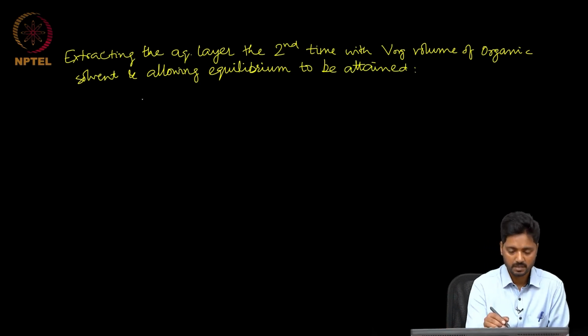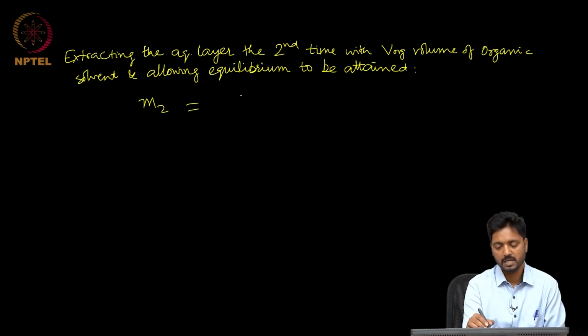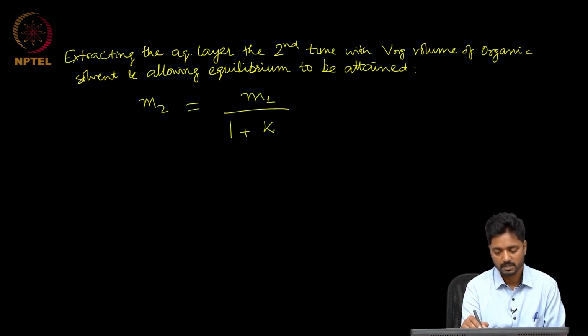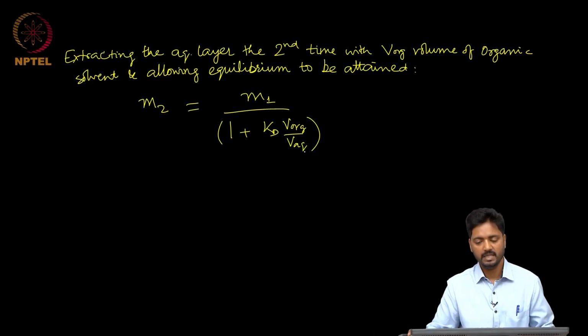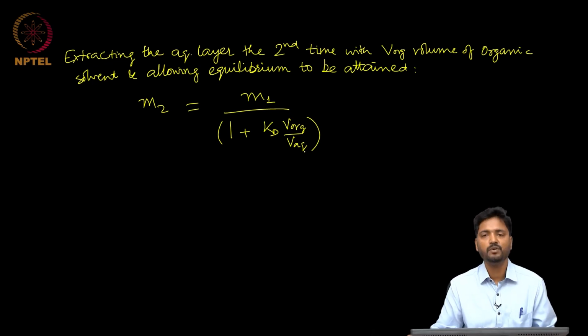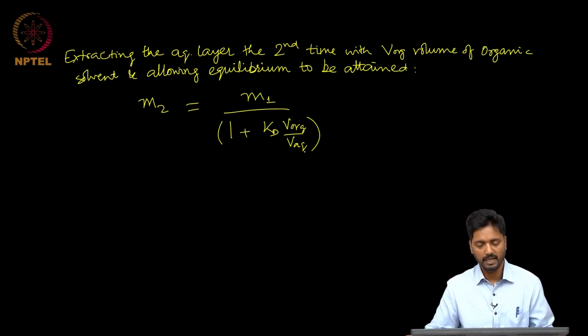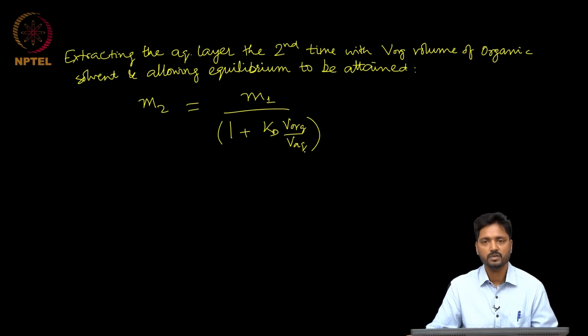This gives us m2 now is equal to m1 divided by 1 plus Kd V org by V aqueous. So, please note here that in the second extraction we will be initially dealing with the m1 mass of the analyte present unextracted after the first extraction, and that is extracted with V org volume of organic solvent.